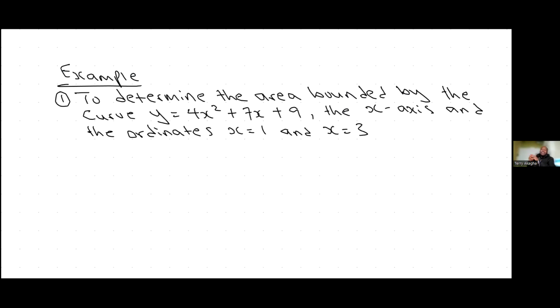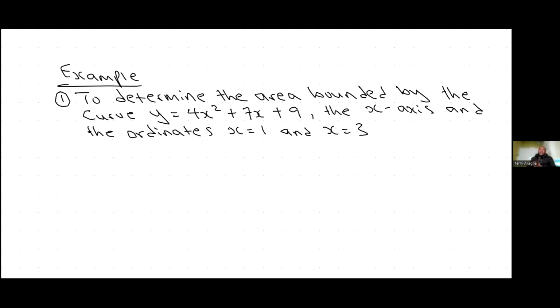So usually in the exam, or in some exams, you are expected to know how to sketch the curve. I've done sketching in previous videos, how to sketch a quadratic equation and how to sketch a cubic and rational. So you can go back and have a look at that. But for the examples I'm going to be using, I'm going to give the curves itself.